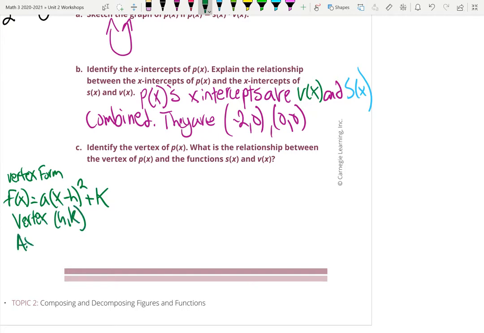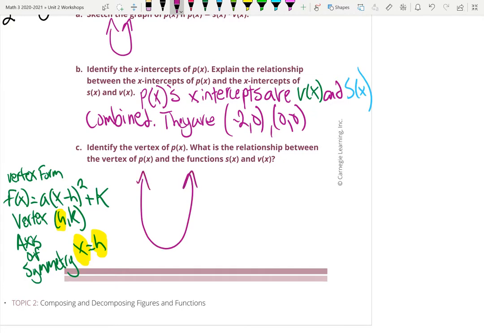And you also were supposed to know that the axis of symmetry was x equals h. I like to remember the x value of the vertex. But what did that really mean?